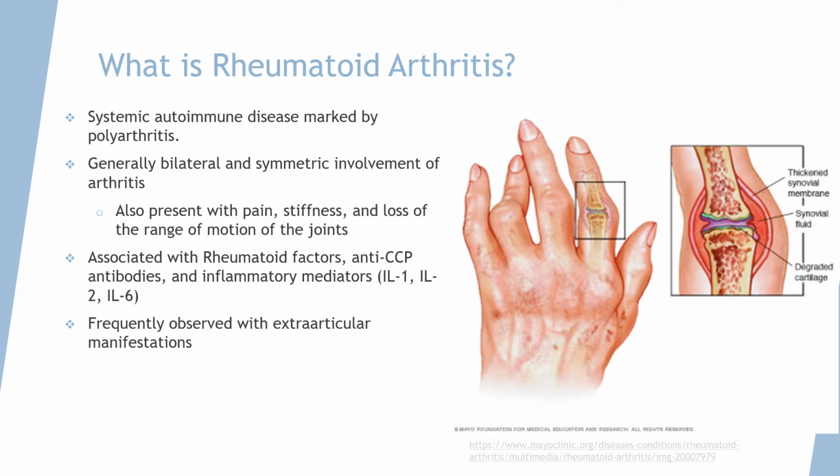However, that does not mean rheumatoid arthritis has to occur with the presence of RF or anti-CCP. As we will learn in the subsequent slides, it is frequently observed with extra-articular manifestations.